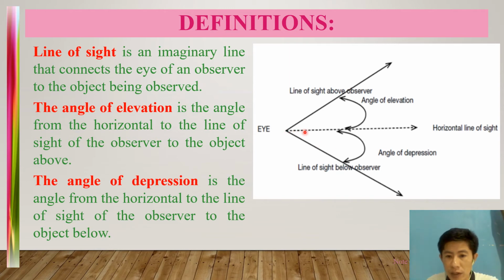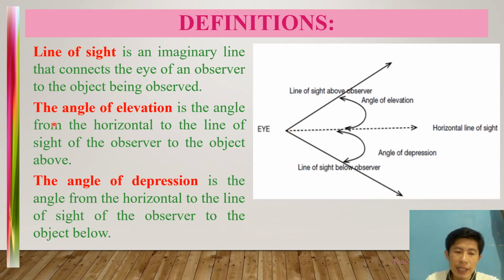Ayan, so eto, kapag ka-level ng eye, yung tinitingnan mo, horizontal line of sight. Kapag nasa taas, line of sight above the observer, and then, kapag titingin ka sa baba, that is line of sight below the observer.